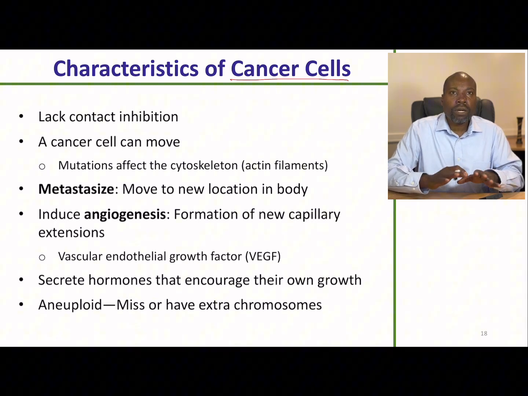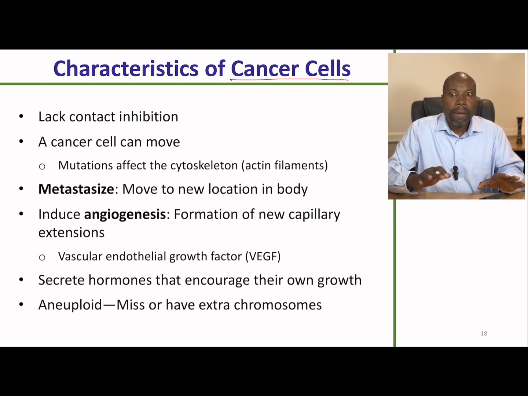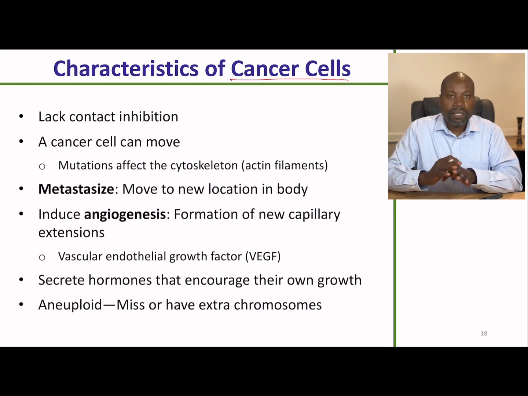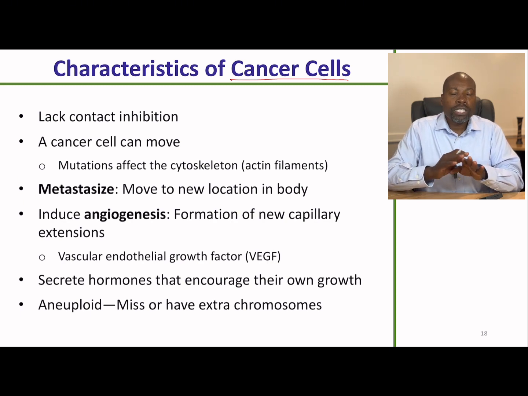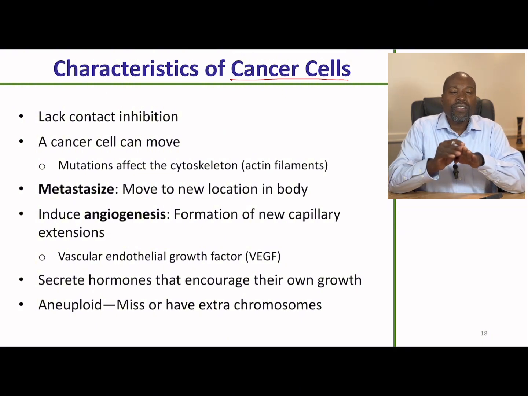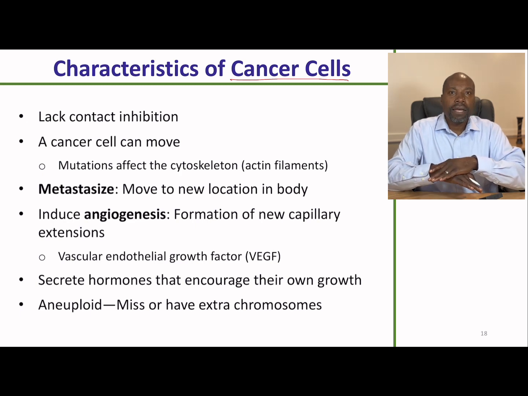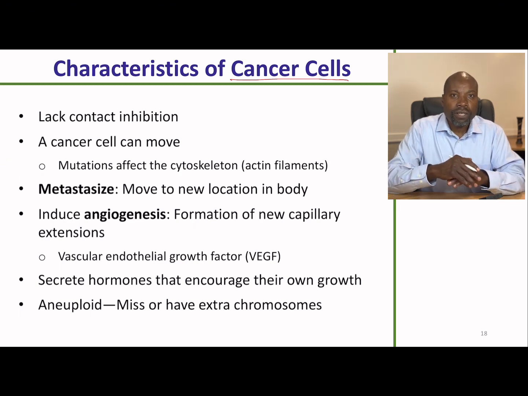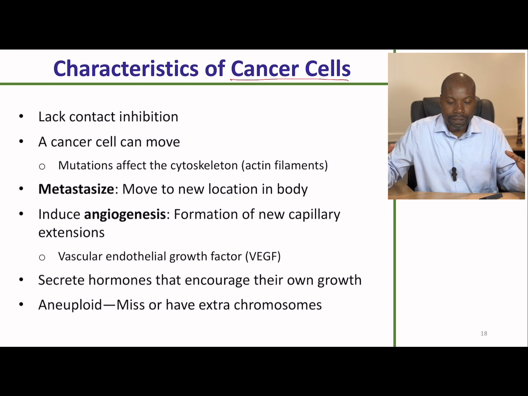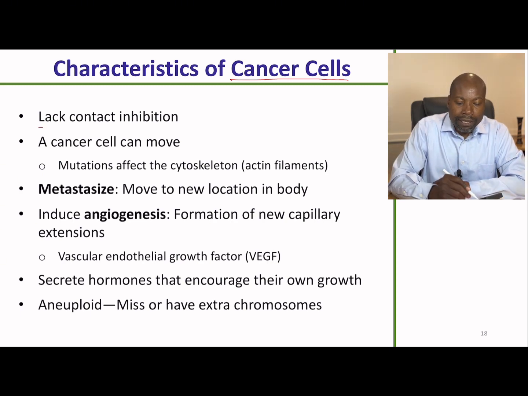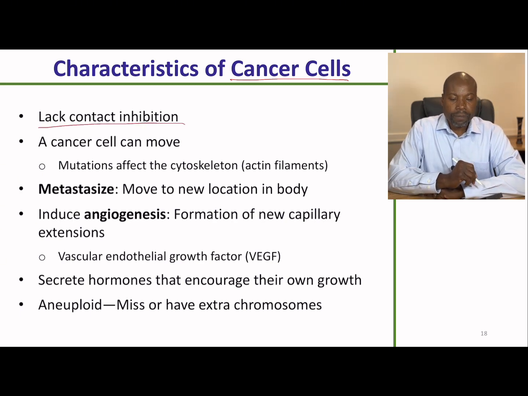So that is what we call contact inhibition. But in case of cancer cells, they are not going to care about being against each other. They are going to stack on top of each other, right? By stacking on top of each other, they create a mass of cells, right? So they lack contact inhibition.